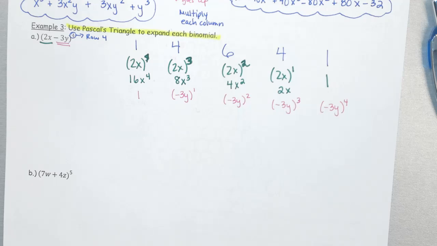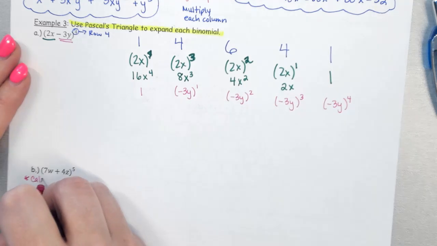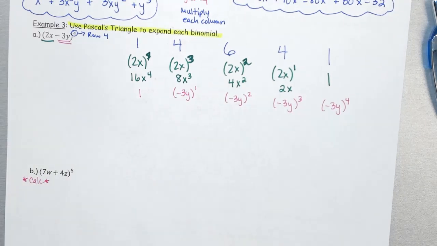And you might have one on your homework where the numbers are really large. If the numbers are really large, you can use your calculator. Okay, we'll just practice with mental math. Like part B, you can use your calculator because you're going to do 7 to the 5th. So that's okay.